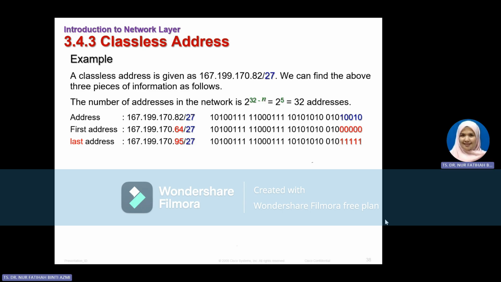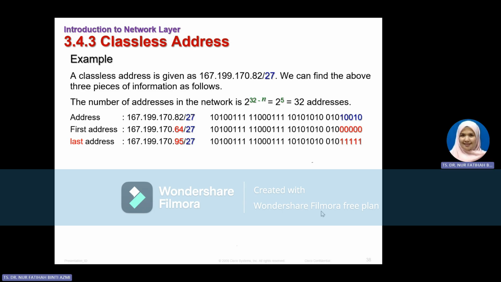So how do we break down this address and figure out the important information about this network? Well, the first thing we can determine is the number of addresses available.